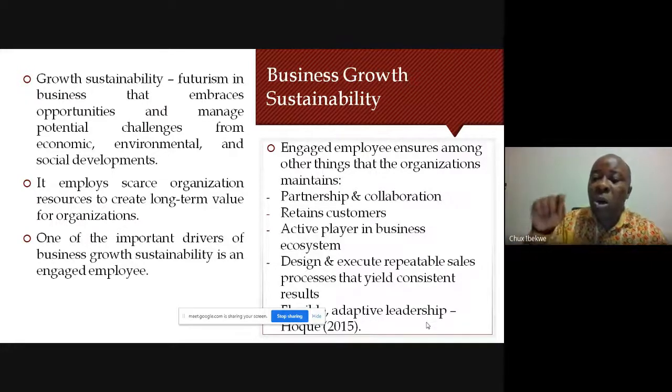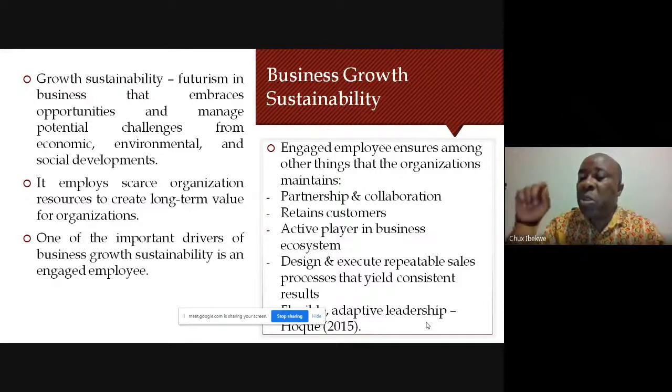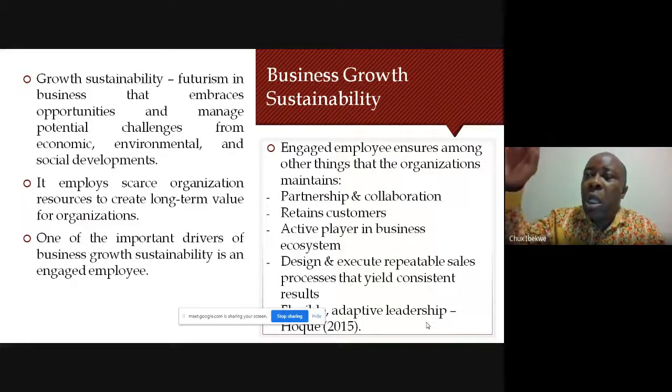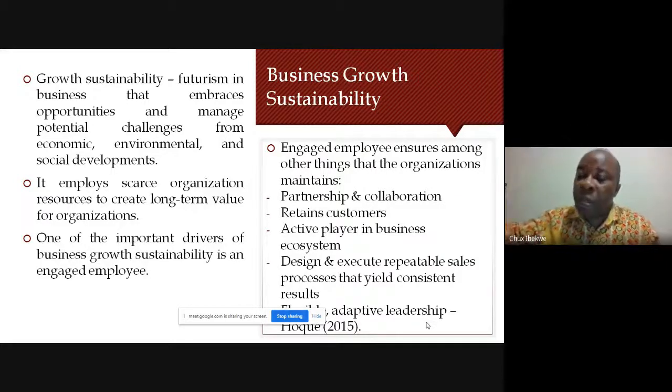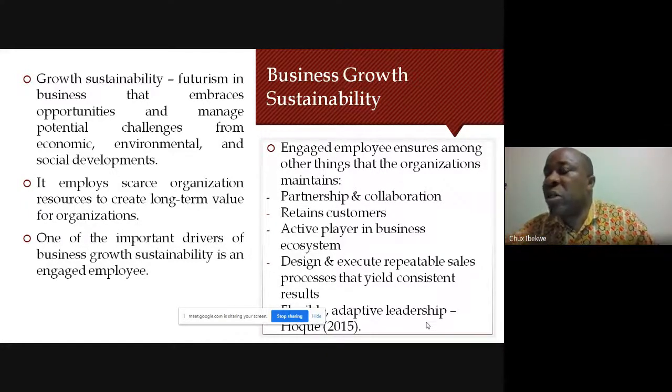Why do we refer to repeatable sales processes? They are repeatable because every day you have new challenges and you can repeat that system that is working, with innovations. If it becomes a one-shot thing, it's not going to yield a consistent result, and that's not going to lead to sustainability.